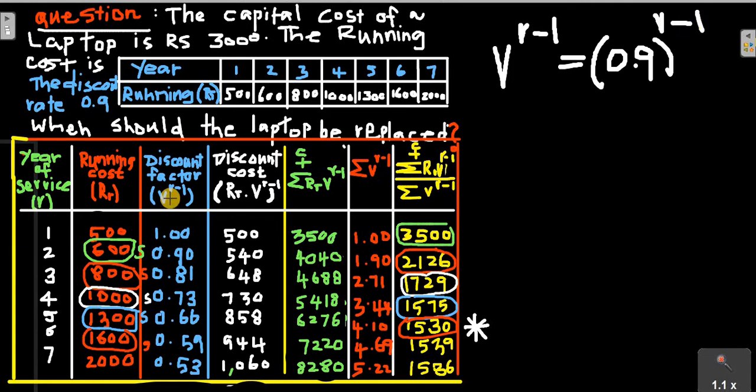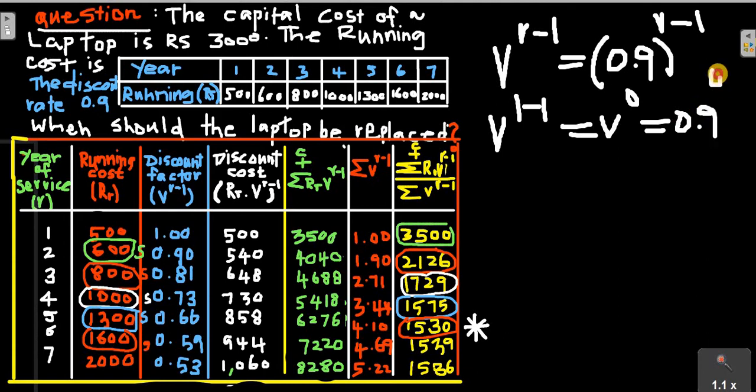For the first year, put R equal to 1 in this formula. You will get V to the power 1 minus 1, that means V to the power 0, which is 0.9 to the power 0. That equals 1, because whatever the number, if the power is 0, its value is 1.